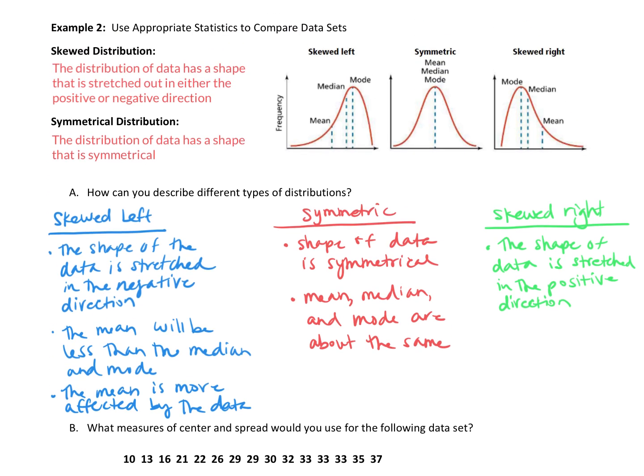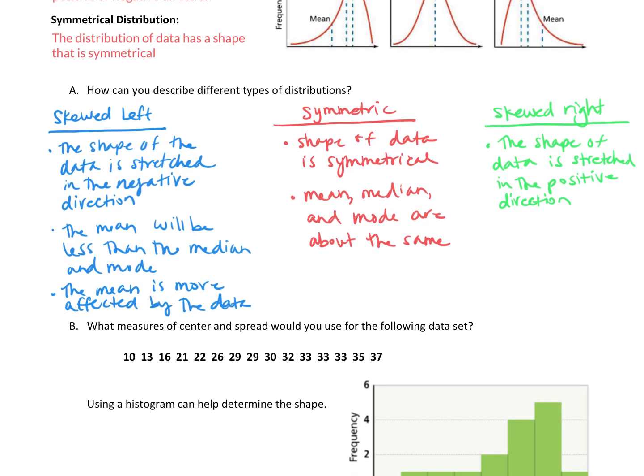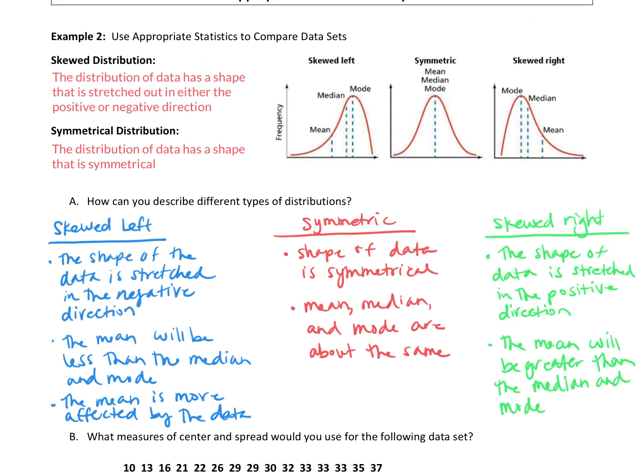If we take a look at a picture of that, if you're skewed right, you can see it's stretched to the right, or in the positive direction is how they phrase that. Also, the mean will be greater than the median and mode. And if we look at our picture, we can see that.